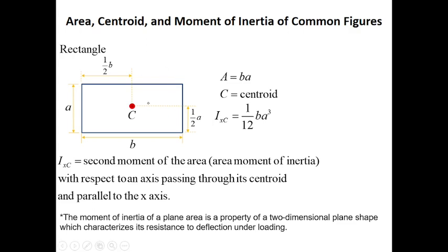So there is an axis that passes through the centroid and it is parallel to the x-axis. Okay, so that is IXC. I will show you later how we arrived with this formula, 1 over 12 BA cubed.